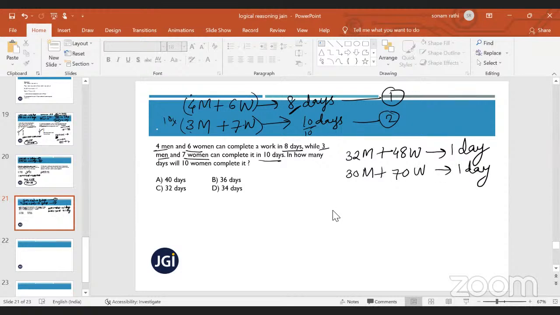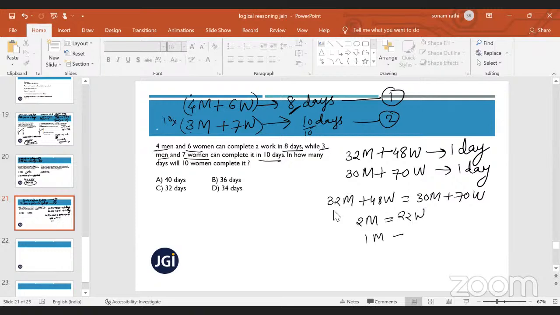Since both are equal to 1 day, we can equate them. So 32m plus 48w equals 30m plus 70w. So 2 men is equal to 70 minus 48, 22w.